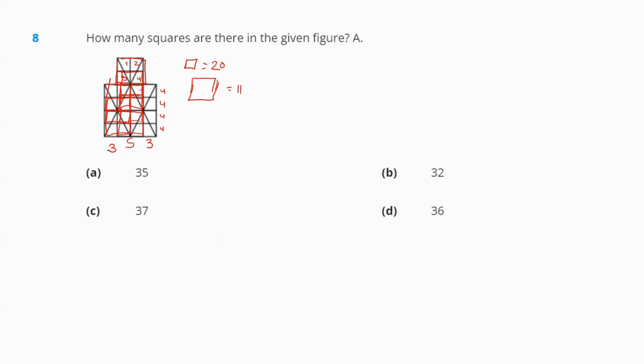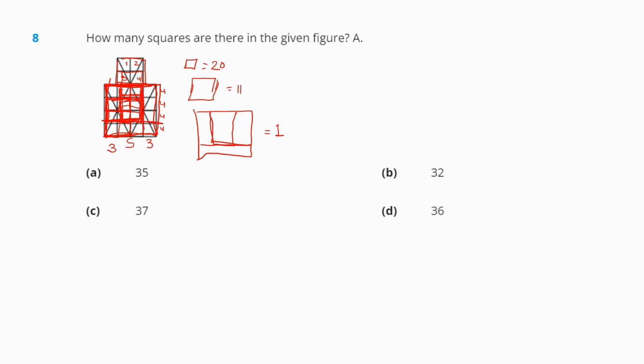Now, we have one big square here, the complete square. So with the big square, we have 1. There are other 4 squares. If you clearly see, this is the first square. See, it is like this. The second square is this.